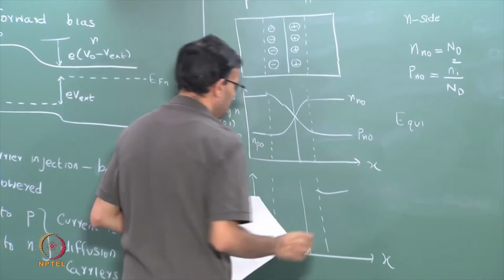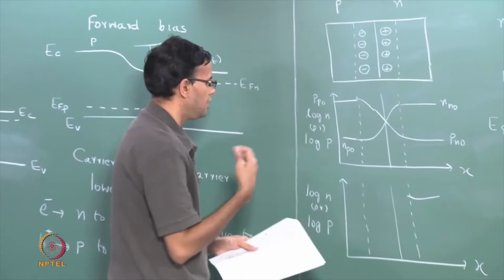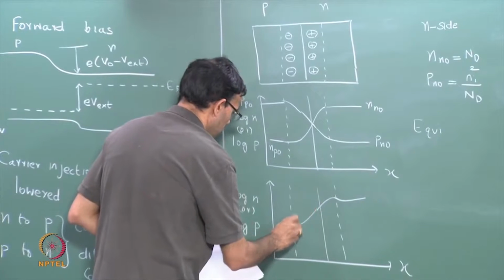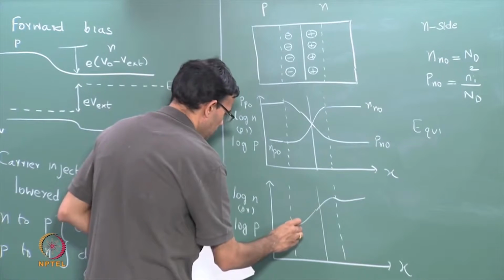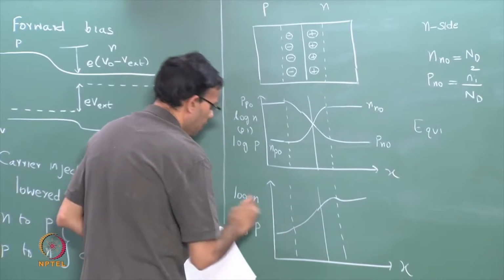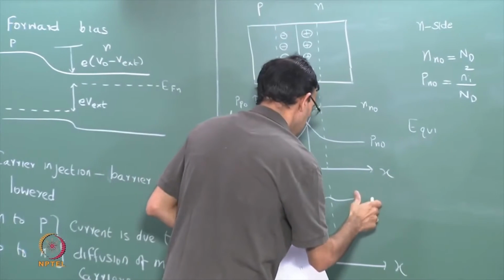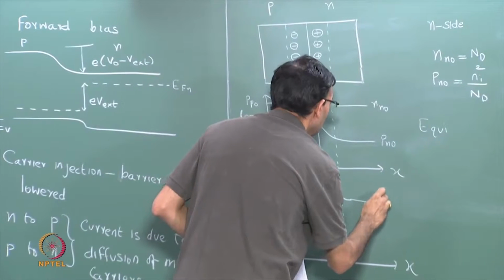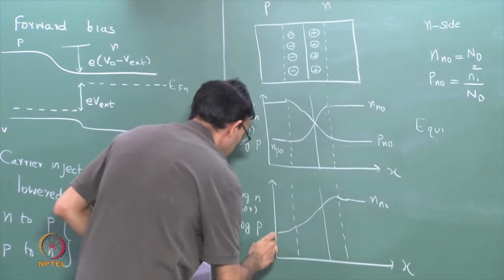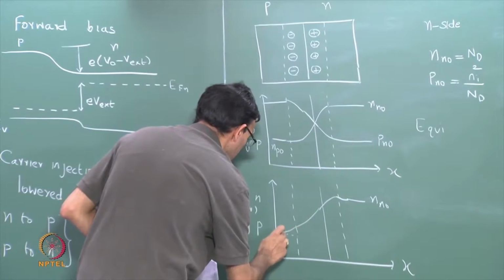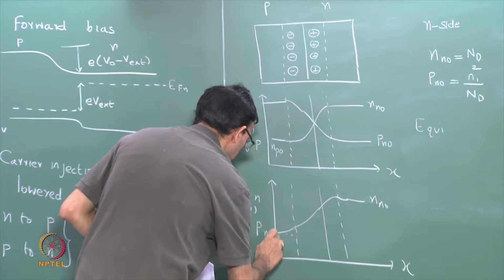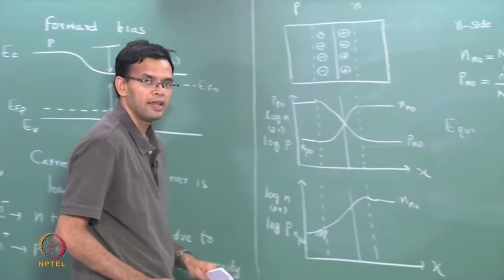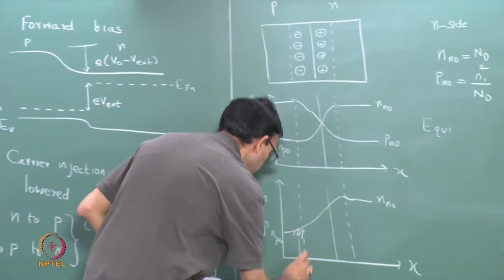So we are injecting some carriers, which means there is an extra concentration of electrons on the p side, and then ultimately it goes back to your baseline. So this, we just draw it straight, this is n naught, this is n p naught, we have some extra concentration of electrons on the p side.